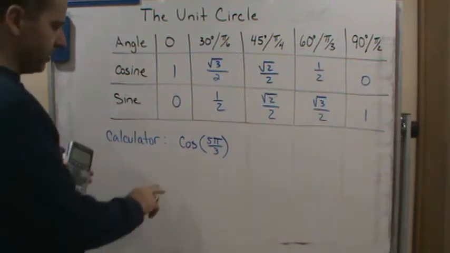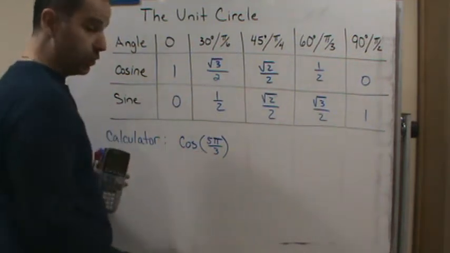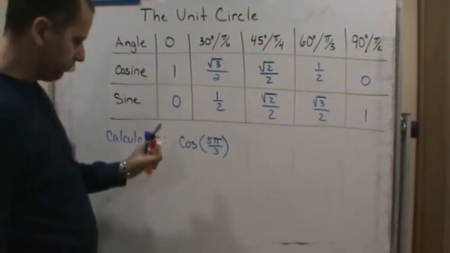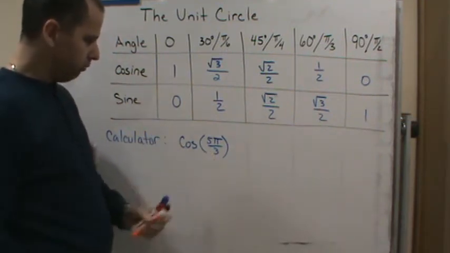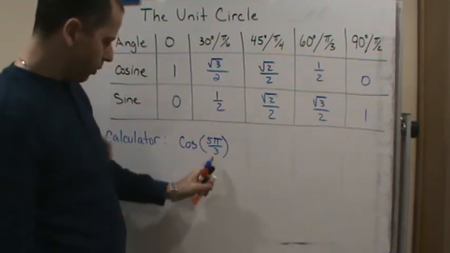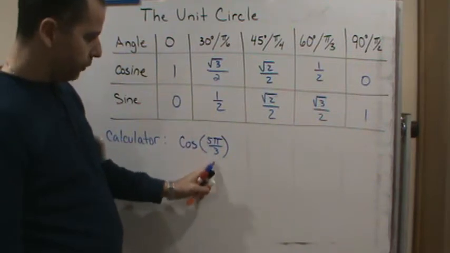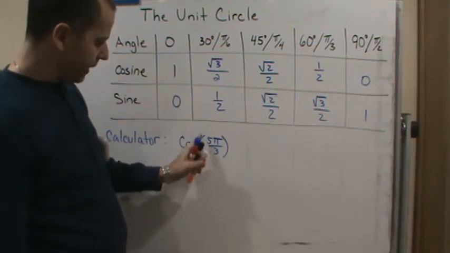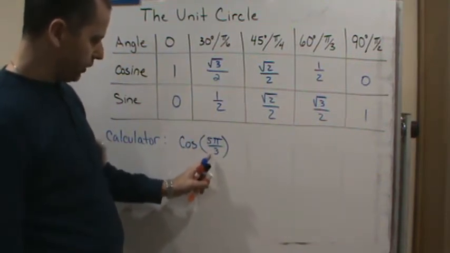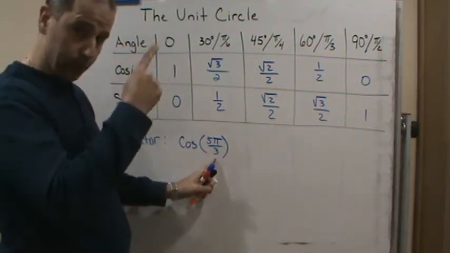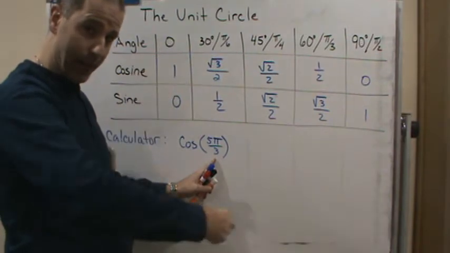Now, to find cosine of 5 pi over 3, you could do it directly, but just by thinking about the angle, it's 5 pi over 3. If it was 6 pi over 3, it'd be a full revolution around the circle, 2 pi.